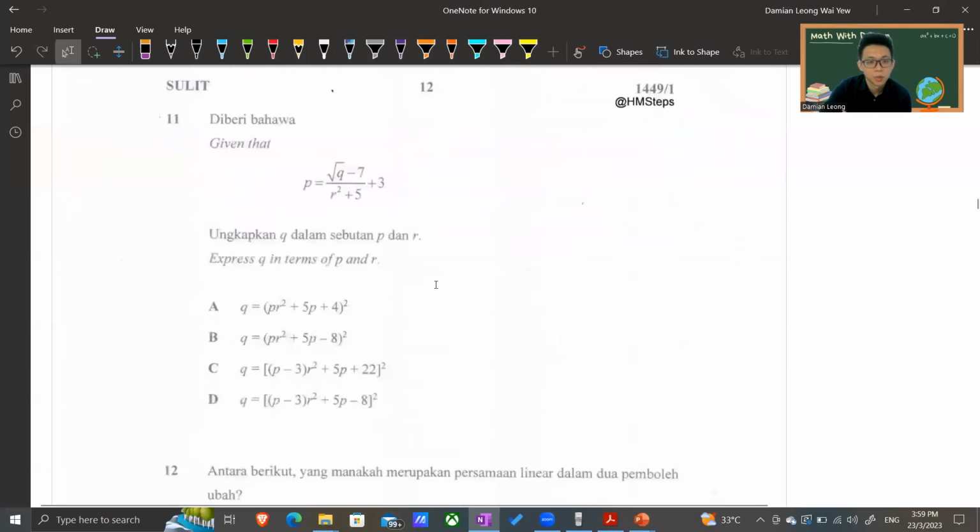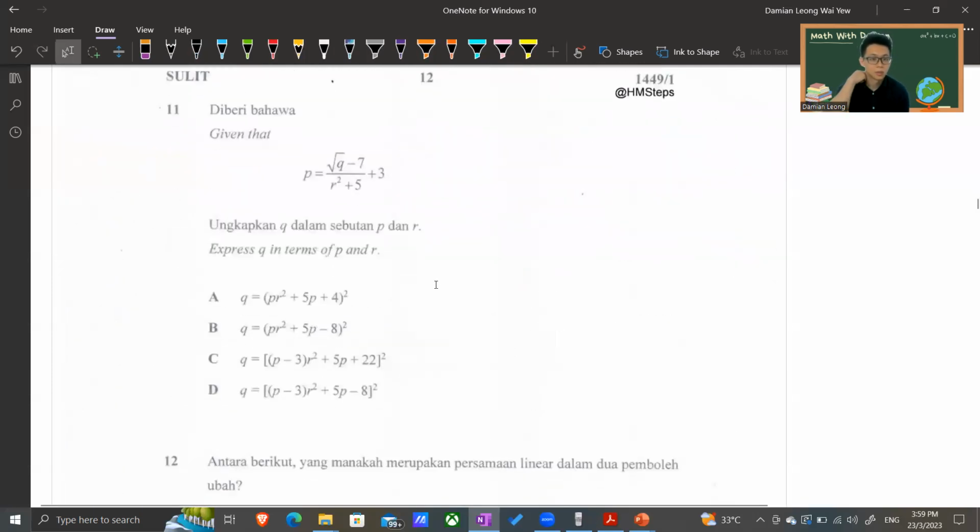Then question 11. Express Q in terms of P and R. I want to express Q in terms of P and R here, so I have to basically rearrange everything. There's a plus 3 outside here. Get rid of that first.